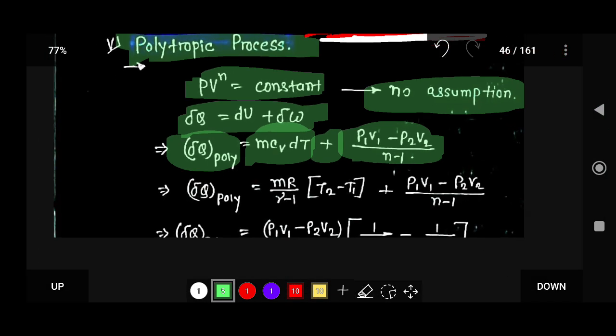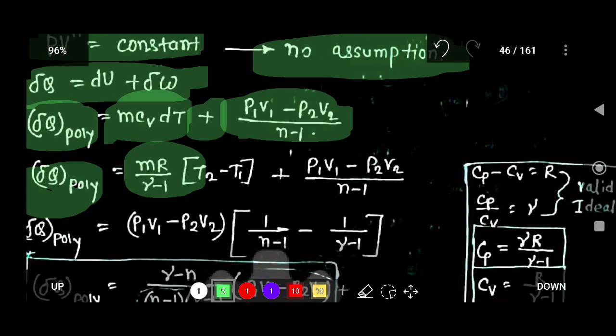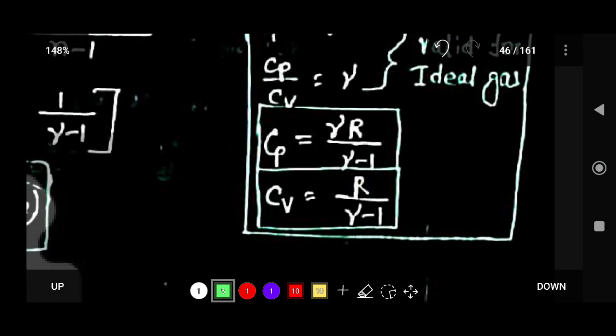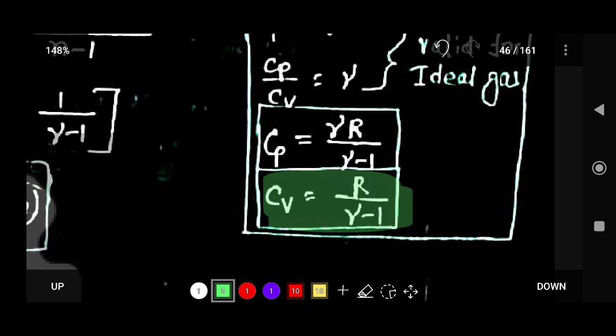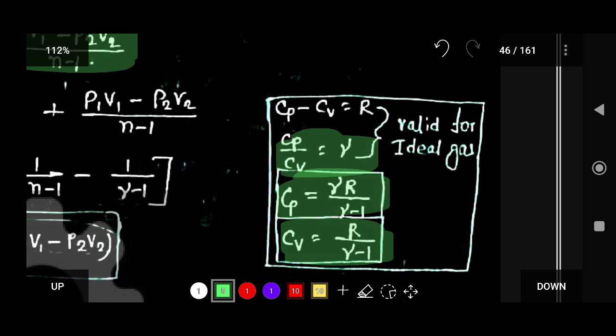Okay, so from here del Q polytropic is equal to, so what is the value of CV? Remember the CV value. CV is equal to R upon gamma minus 1, and CP is gamma R upon gamma minus 1. CP by CV equals gamma, and CP minus CV equals R. This is valid for ideal gas.